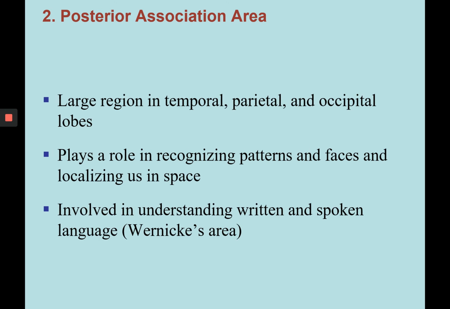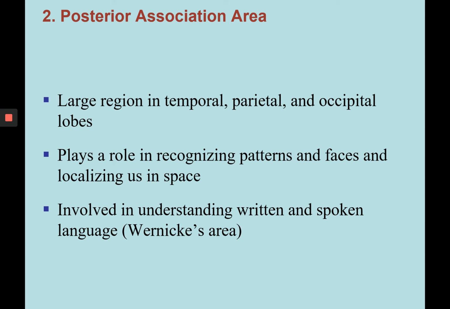All right, next we're going to talk about the posterior association area, which is a large area, not located just in the frontal lobe. There's parts of it in the temporal, parietal, and occipital lobes. And the posterior association area is going to let us know where we are in space, but also let us recognize patterns and faces. So this is going to involve also understanding the written and spoken language. So this is a sensory area for speech.